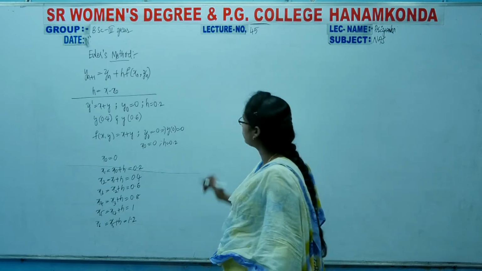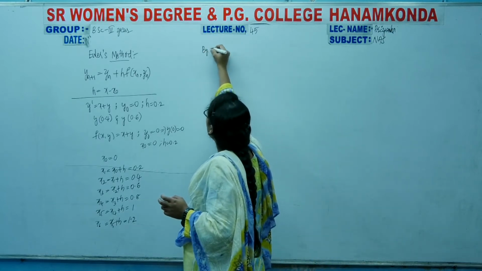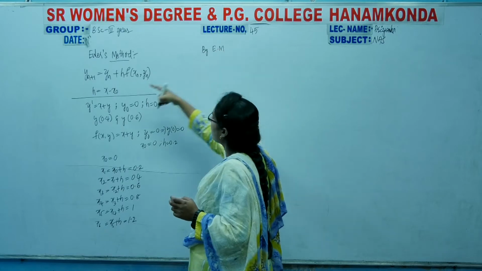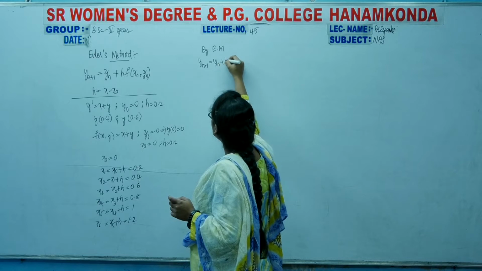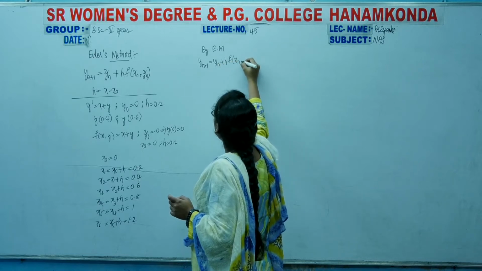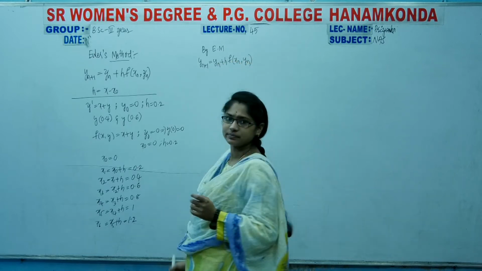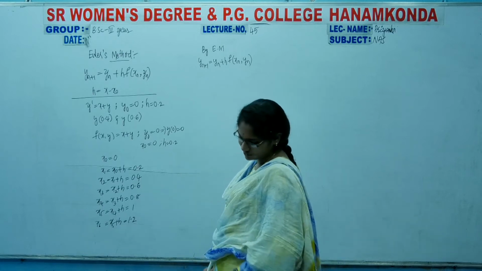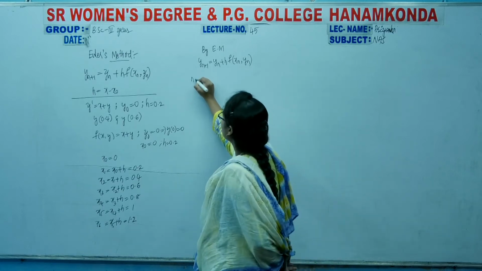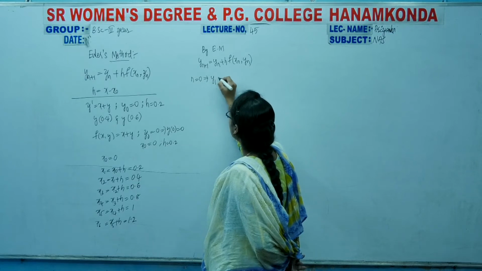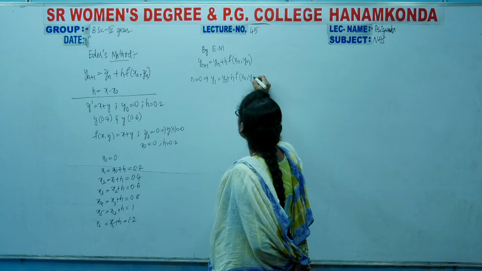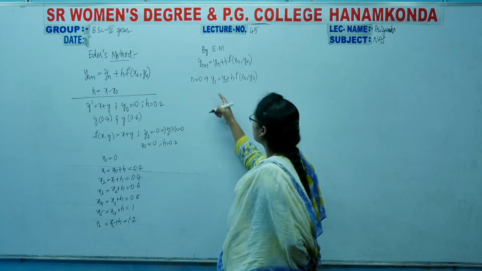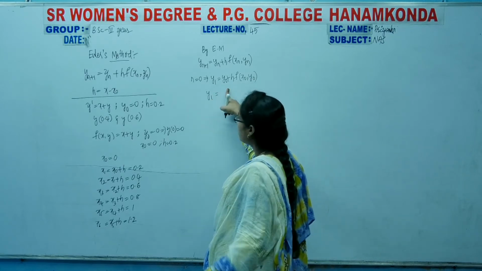Now what do we have to do? By Euler's method, y(n+1) is equal to y(n) plus h into f of (xn, yn). First I am going to put n equal to 0. Then y1 equal to y0 plus h into f of (x0, y0). What is y0?